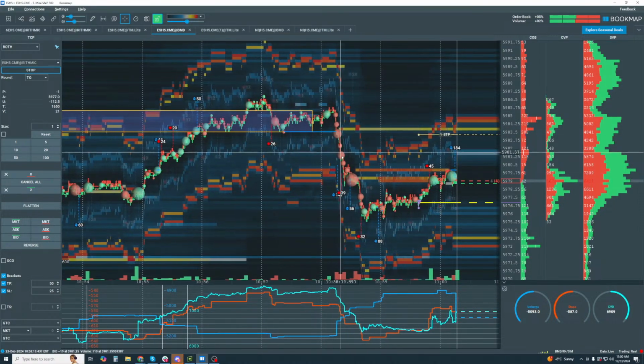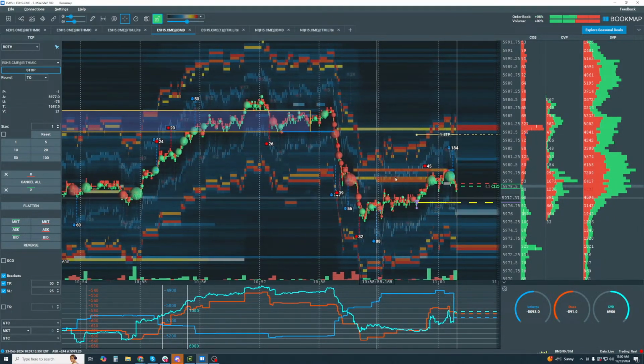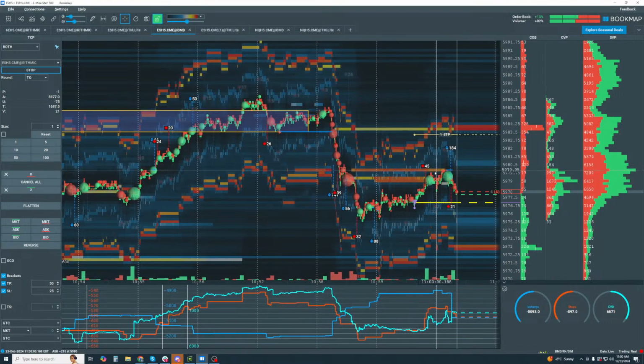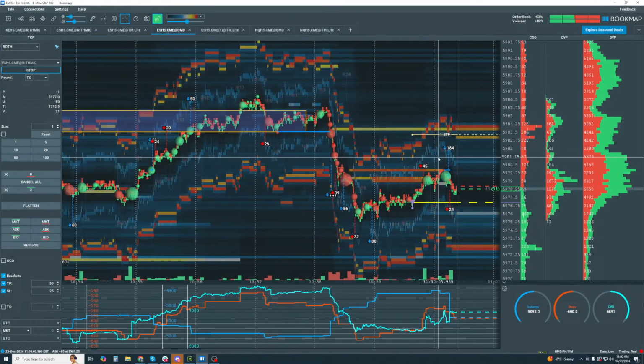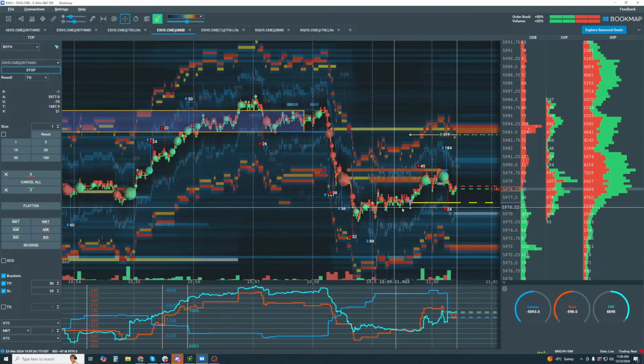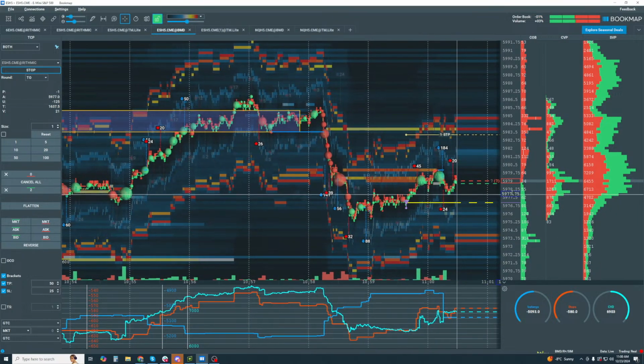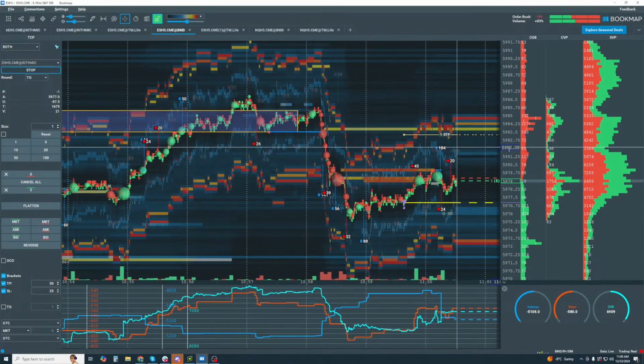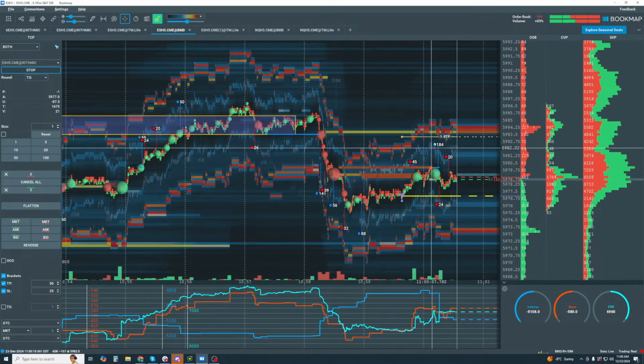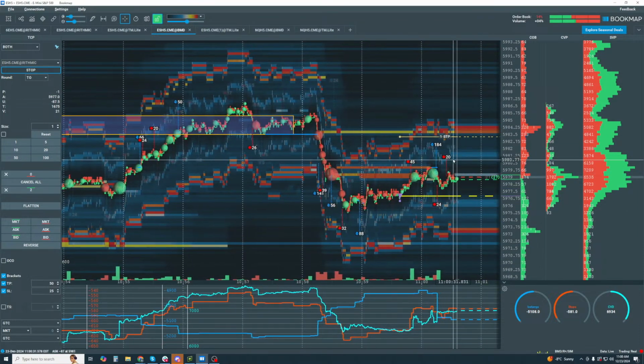So sellers are in control of this move so far. And we do not see buyers back up above this liquidity here. All right, so now we're looking for sellers down here, and then we're looking for a break of the bottom range. Okay, there's some exhaustion.